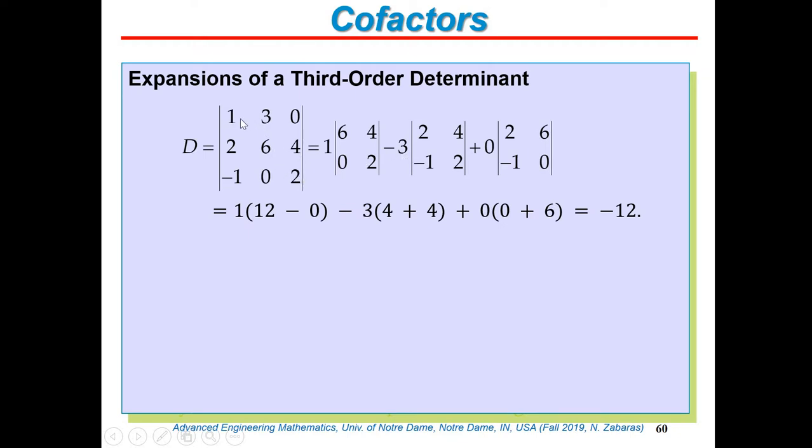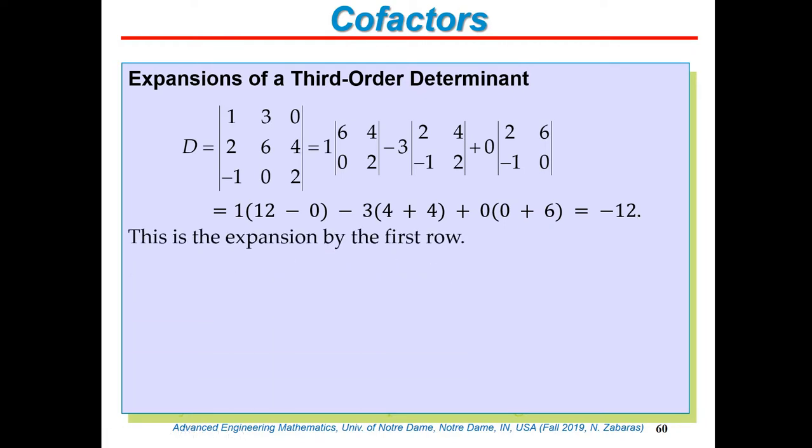And similarly for the element 3 here, the cofactor, you eliminate row 1 and column 2, so you get the determinant 2, 4, -1, 2. And there is a -1 sign because you remember to compute the cofactor C1,2, you multiply by (-1) to the power 1 plus 2, which is equal to -1. So the determinant, when you do the algebra, comes to be -12.